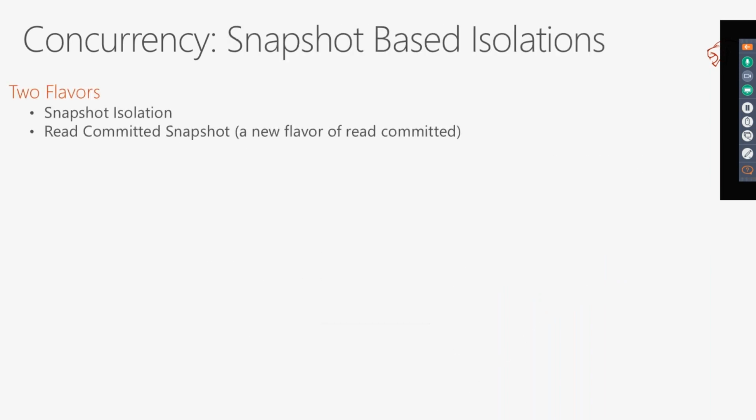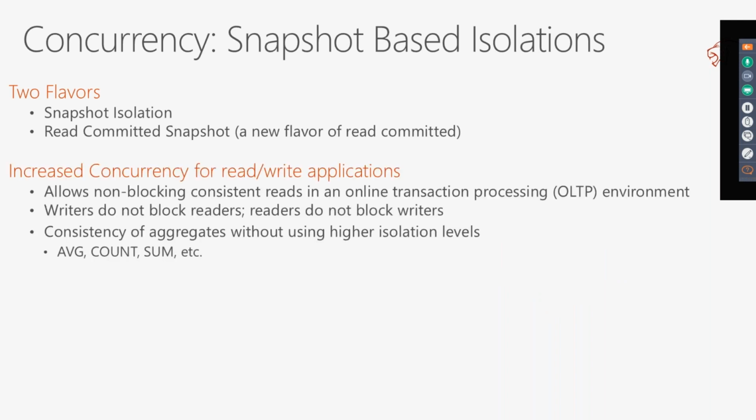Now this is important because if you use row versioning based read committed, then any blocking between readers and writers is completely gone. Very, very powerful. We provide two flavors: one is called snapshot isolation, and the second is called read committed snapshot. It is going to improve the concurrency of your application, so we recommend it very, very highly.